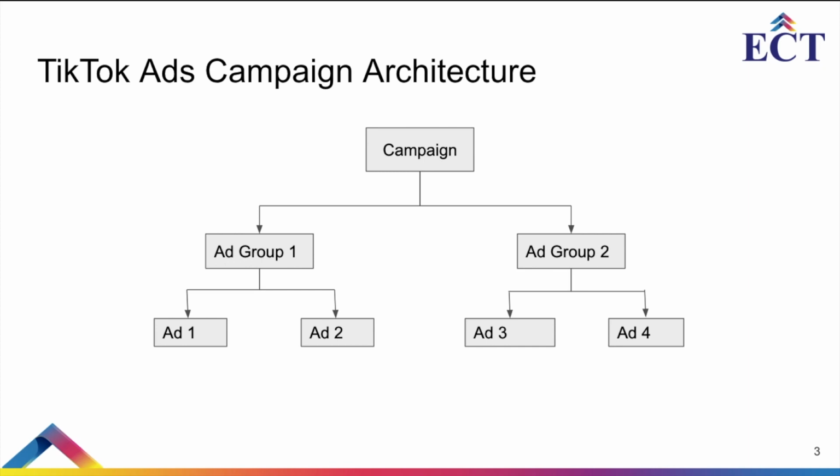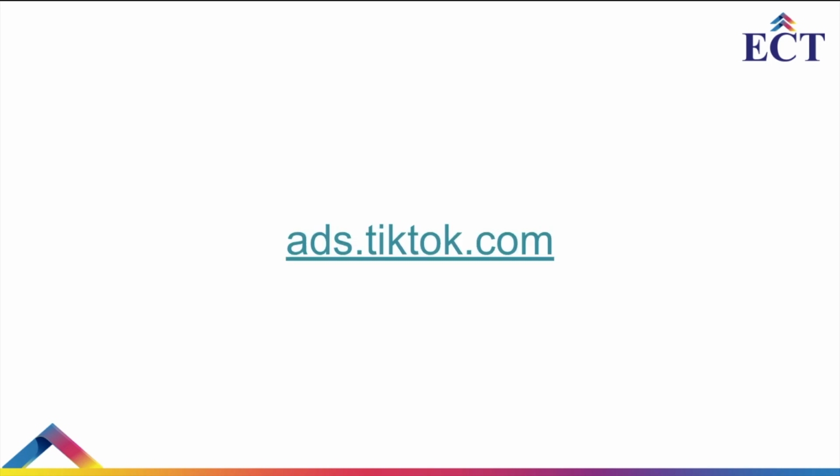If you have worked on Facebook or Google ads, you will find this structure quite familiar. It seems that TikTok has taken the best of both Facebook and Google ads and has created one of the most simple ad platforms where anyone can get started, and you will feel very comfortable creating a campaign on the TikTok ads platform.